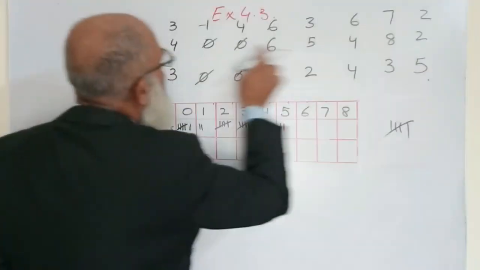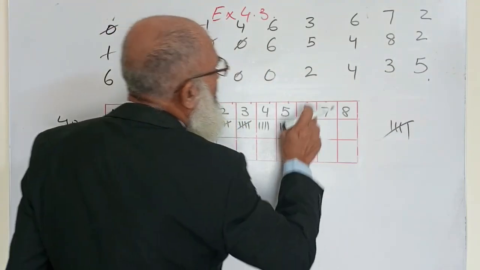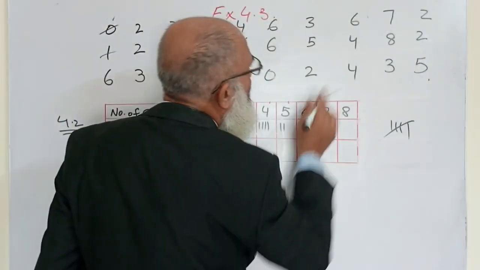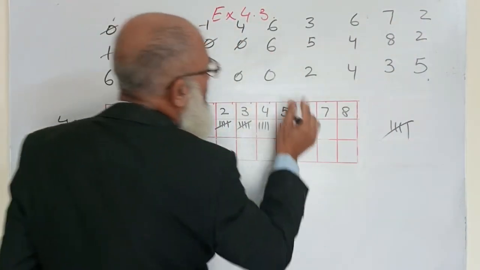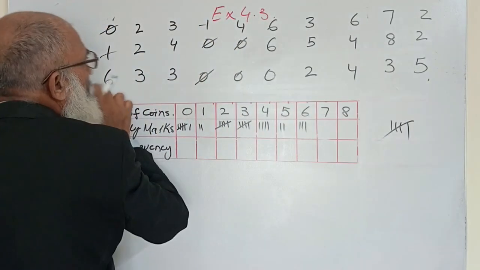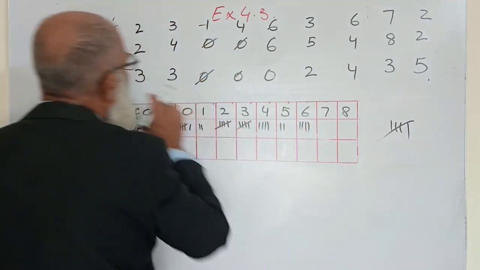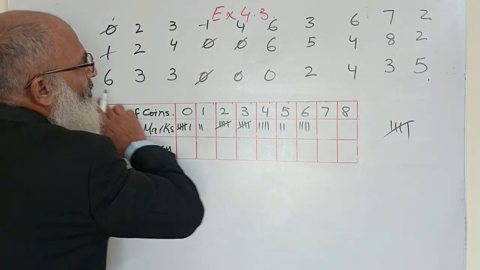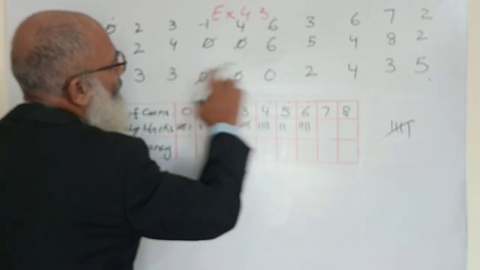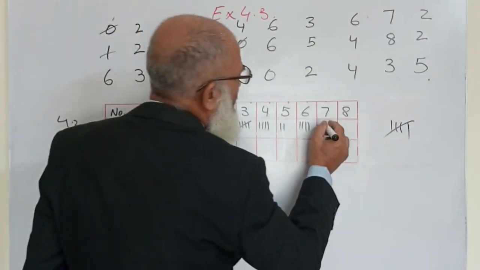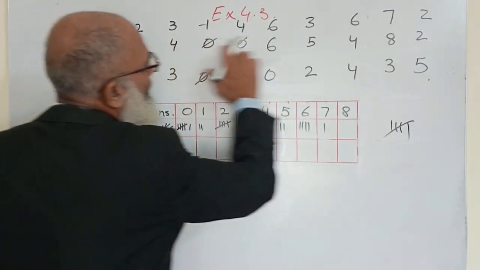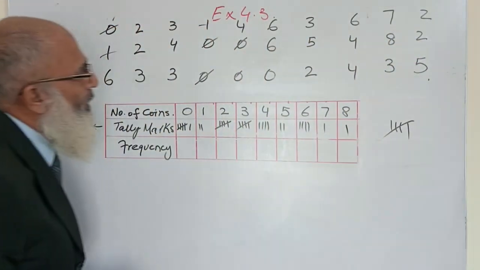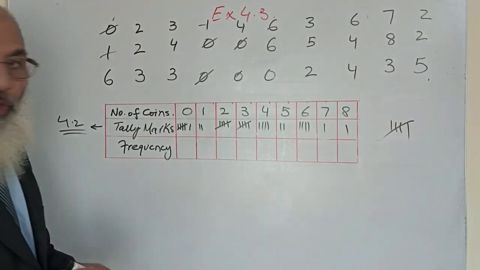Check it once again. 6, 1, 2, 3, 4. That's all. 7, 1, only 1. 8, only 1. Now you see that we have drawn the tally marks.